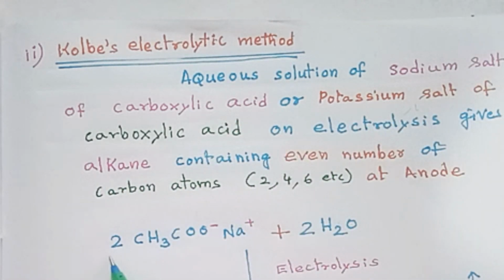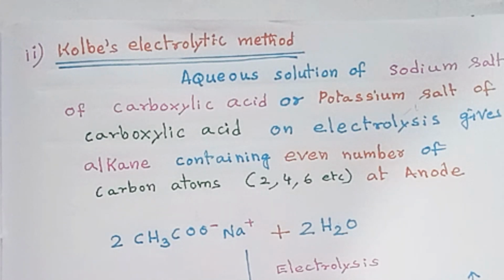So an aqueous solution means sodium salt of carboxylic acid, CH3COO Na plus. This is sodium acetate or sodium ethanoate. Aqueous solution means we add water to it. 2 moles of sodium acetate and 2 moles of water on electrolysis will give C2H6.